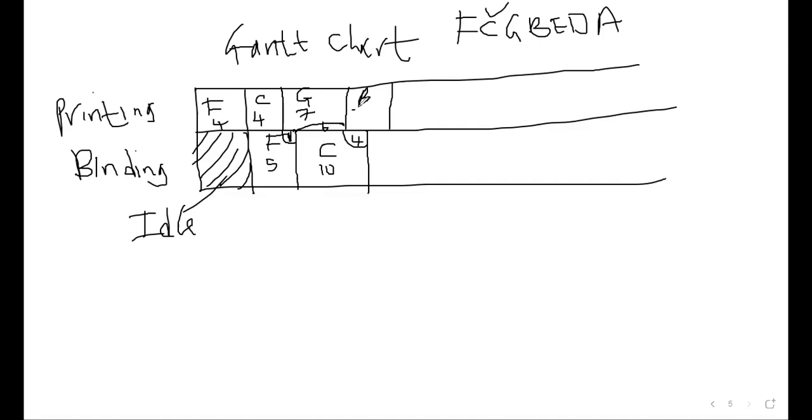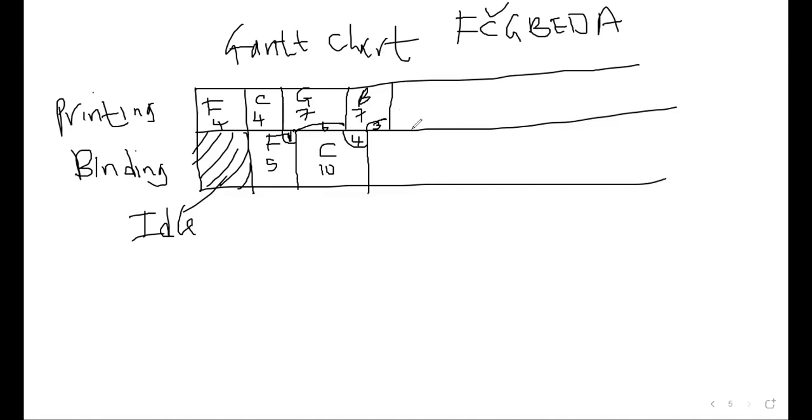So here it is just a matter of addition and subtraction. This one is taking how many hours longer? 3. By the time they're finishing printing B, the people in binding would have started binding G, because F is fully completed and C is fully completed.